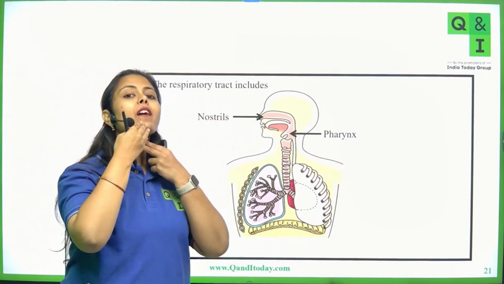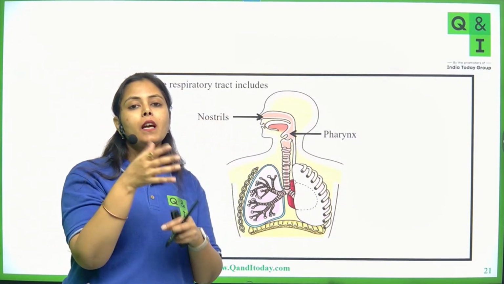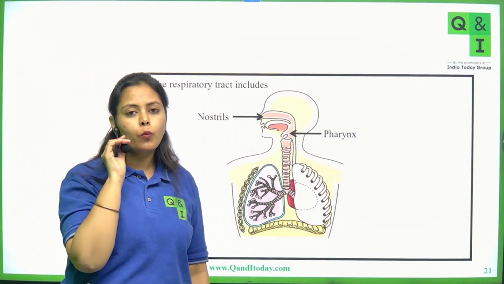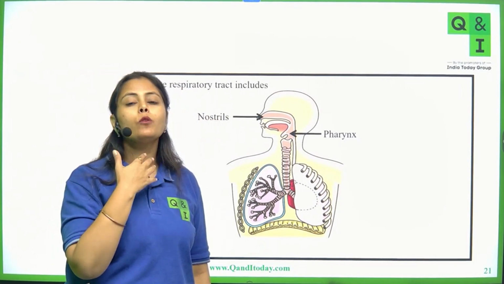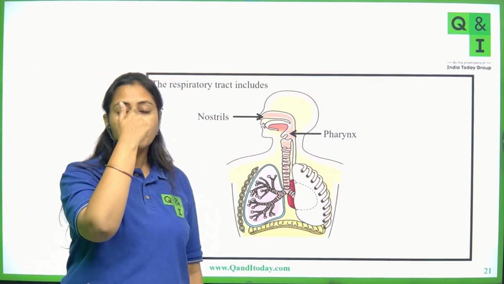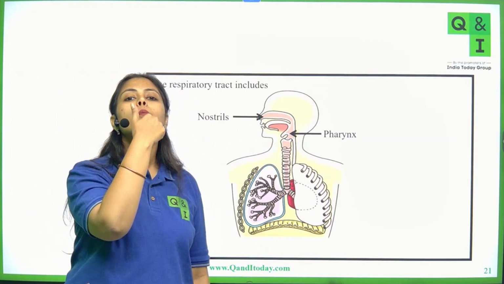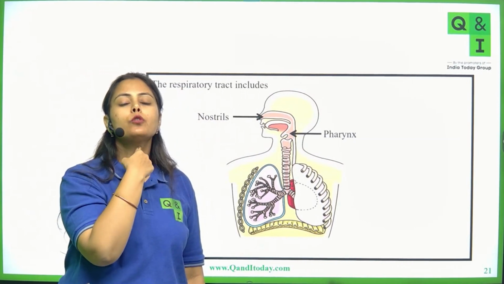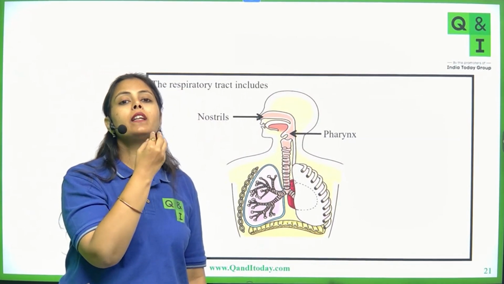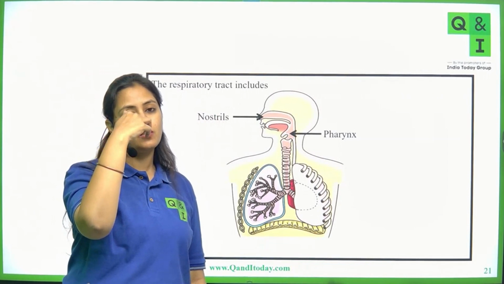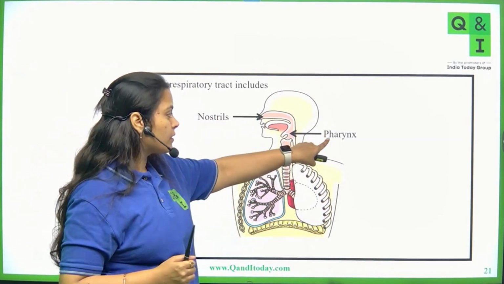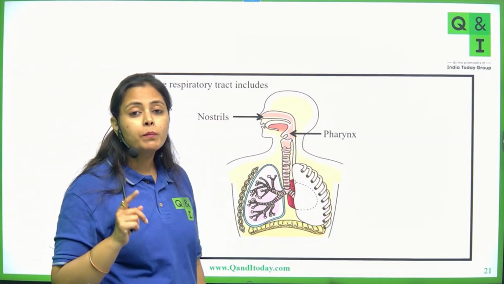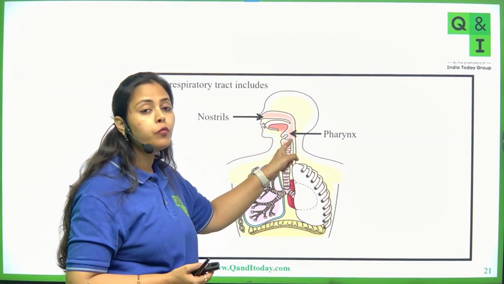So at the back of your throat, once this class is over, what I will suggest is that you open your mouth and look in the mirror. Your air passage is opening from above at the back of your throat, and the food you are eating is also entering into the same passage at the back of your throat. So that common passage is called the pharynx. So the pharynx serves as the common passage for both the mouth and the nose.